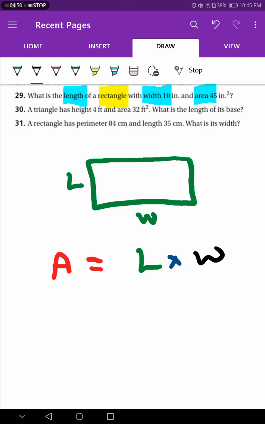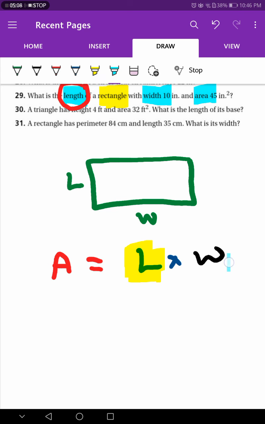But in this lesson, he tries to connect between the equations and the formula. When he asks you to find the length, that means you have to make the length alone and happy. How can you make it?